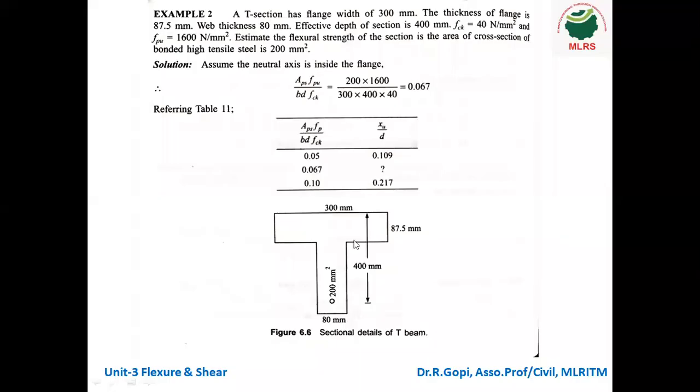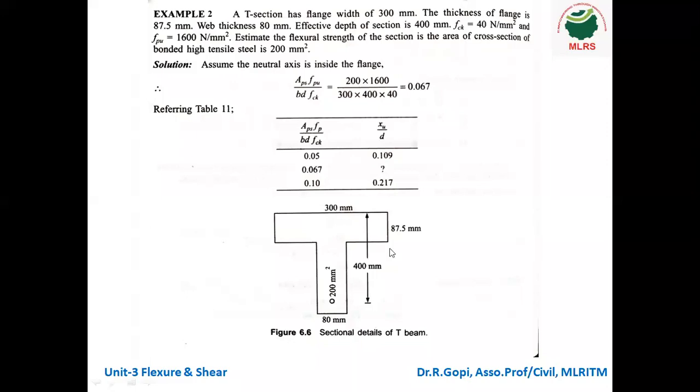Okay, students, now we will continue, after a technical problem. So now we will see the ratio Aps fpu divided by b d fck. What is the ratio we got? Aps is equal to 200 mm square, fpu is 1600, divided by b d.